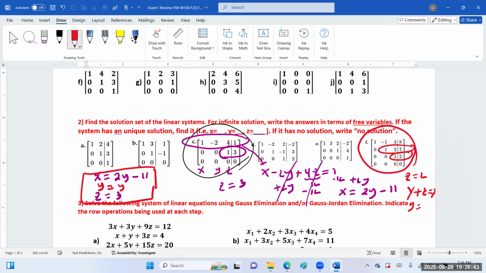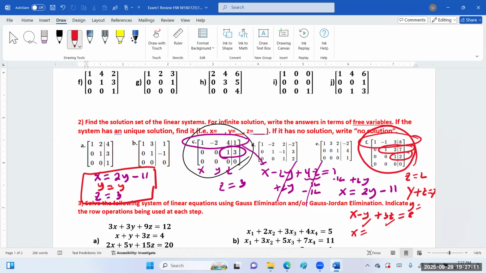That means you can solve for y. And this one is telling us x minus y plus 3z is 8. You know your y, you know your z, so you know what your x is. So find out the value for x, y, z. If you have a unique solution, you have x, y, z as numbers. If you have an infinite solution, you don't have them as numbers, you have them as variables.